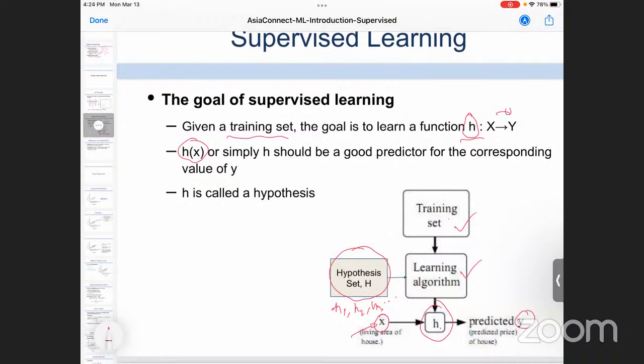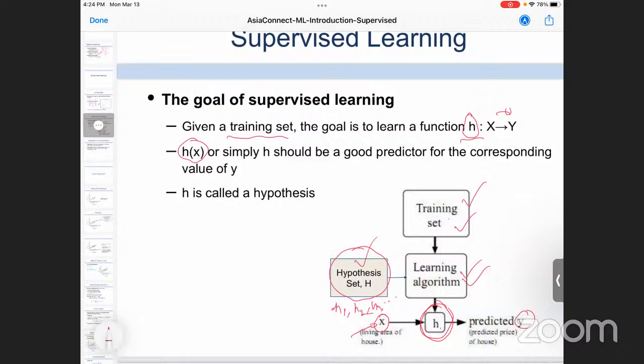This is the block diagram of all supervised learning. You have to choose a hypothesis set, and you have to choose a learning algorithm, and you have to have big training examples. The first goal is to learn a function, h. Then the learning is done.